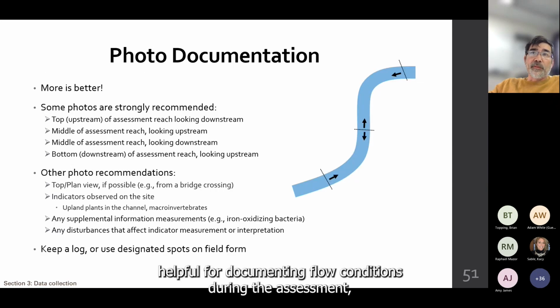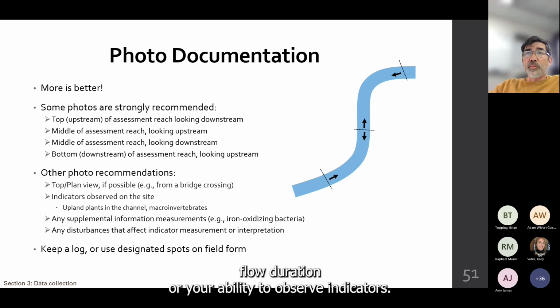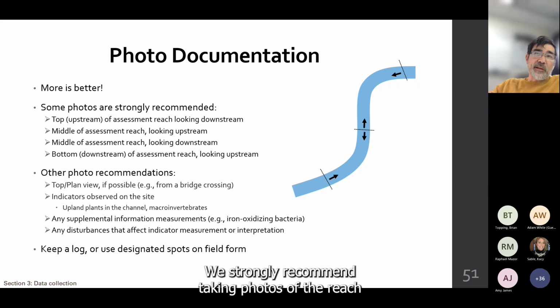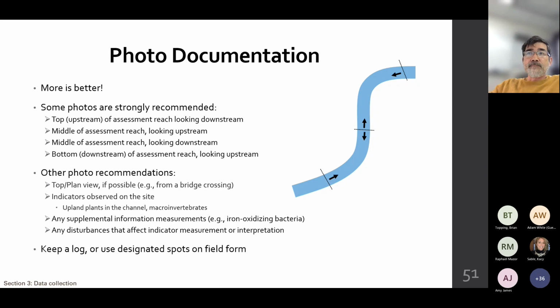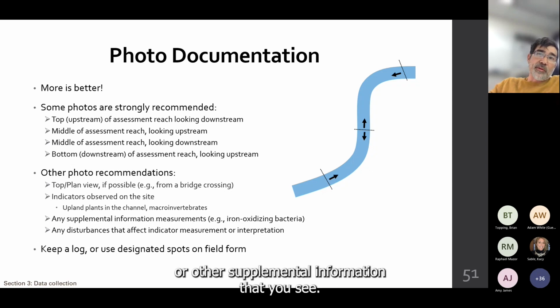Photos are really helpful for documenting flow conditions during the assessment, as well as indicators and features or disturbances that might affect flow duration or your ability to observe indicators. We strongly recommend taking photos of the reach from different perspectives: upstream, downstream, laterally. We also recommend taking photos of individual indicators or other supplemental information that you see.